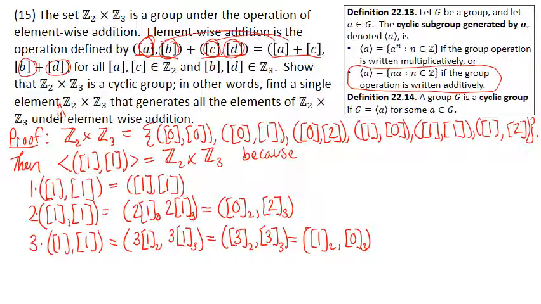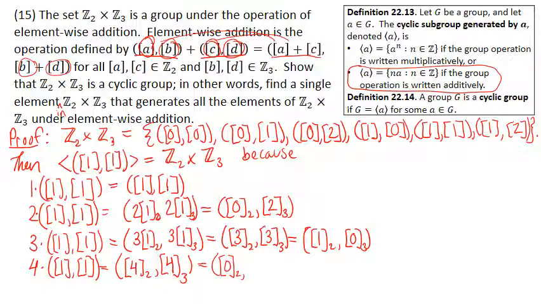Then 4 times 1, 1. So 4 in modulus 2 is the same as 0, and 4 in modulus 3 is the same as 1.